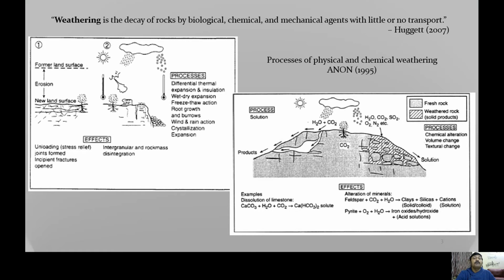So if it is a purely physical weathering process, it involves processes like thermal expansion and contraction, wetting and drying, freezing and thawing.